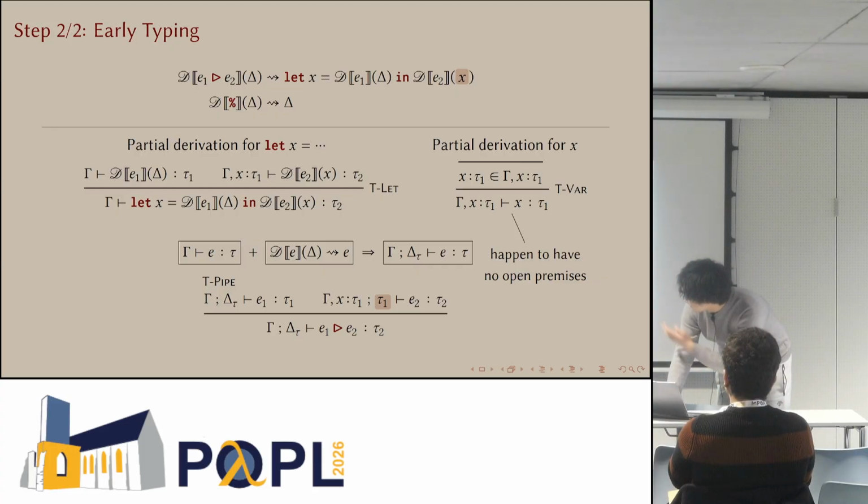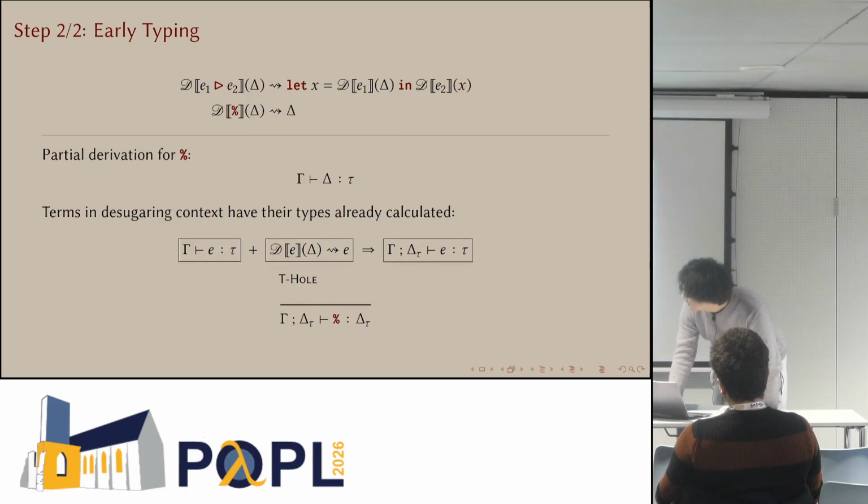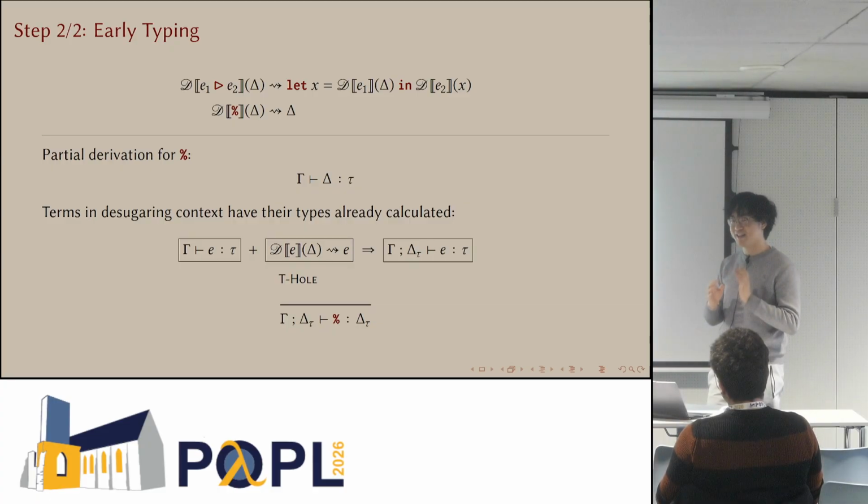So this would mostly be the final inferred typing rule for pipe, and we can also, for example, process away the x binding I just said. And for the hole, it would be much easier because it wants the type of delta, and we are passing down the type of delta. So the typing rule of hole would look like this.